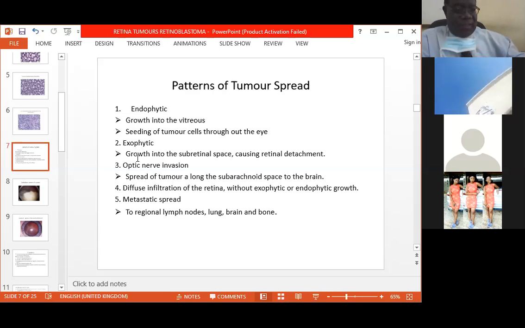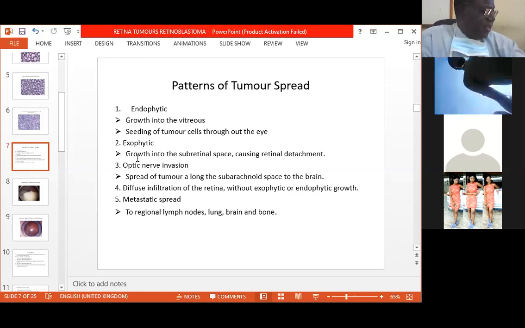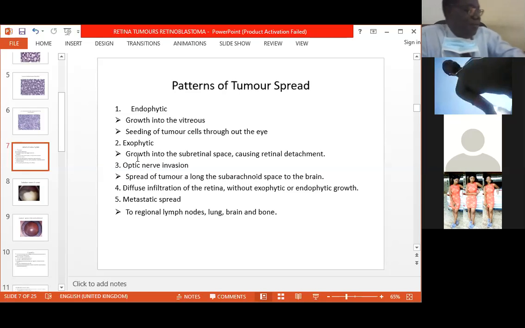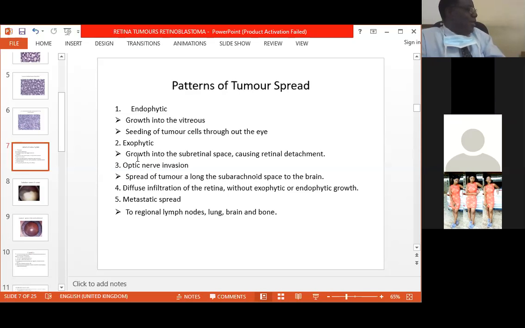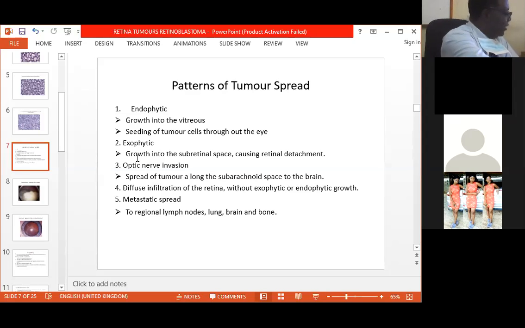So for example, to the right and left eye, you've got an optic nerve coming from the right eye and an optic nerve coming from the left eye. At some stage, these optic nerves fuse. You remember we're talking of the medial retina in this eye joining with the lateral retina in the other eye to make the optic tract.